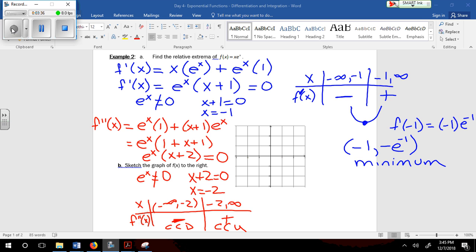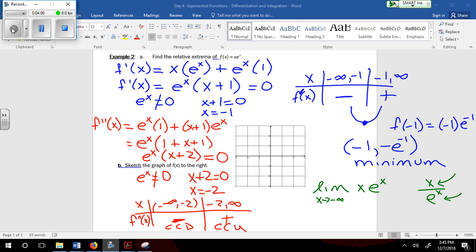Now, as far as my end behavior, remember we can find end behavior by doing the limit as x approaches -infinity of x times e to the x. So if I'm plugging in a negative number, I have x over e to the negative x, and the denominator is going to infinity faster than the numerator.